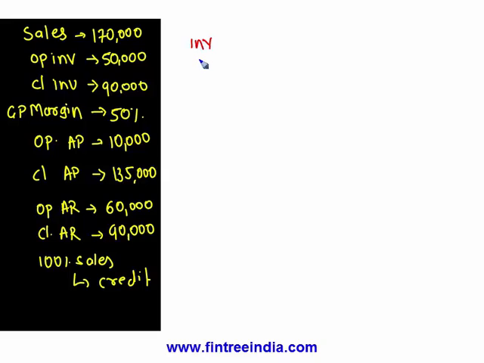Inventory will increase by the amount of total purchase. So we have X. Either it would be a part of COGS or it would be closing stock. Accounts receivable will increase by the amount of credit sales.